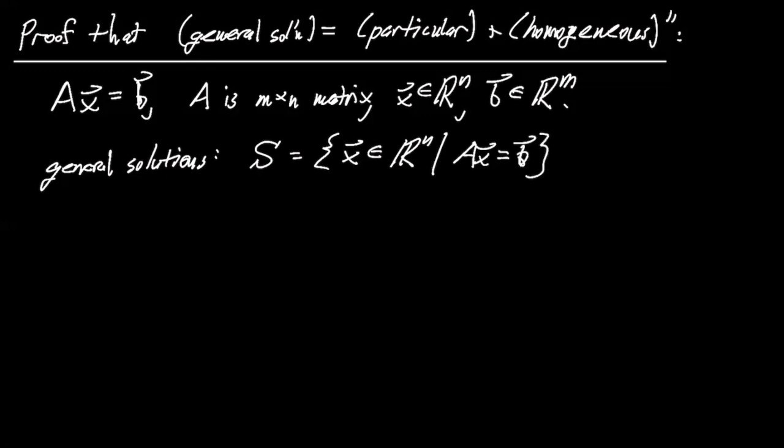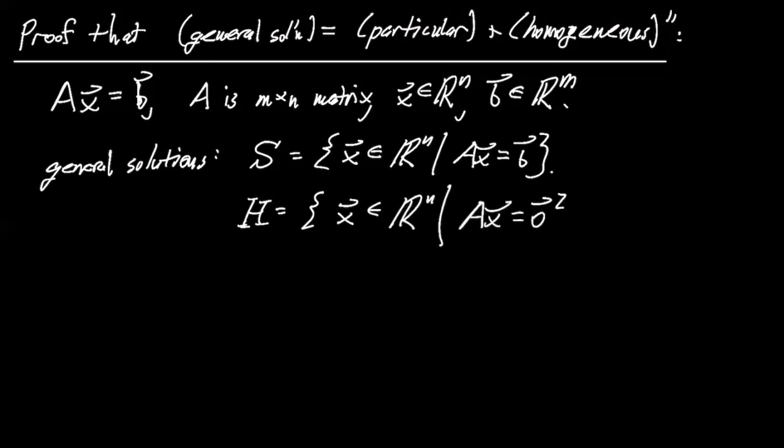So let me define another set, H, which is the set of all homogeneous solutions. So this is the set of all x in Rn such that Ax equals 0. So H is for homogeneous.